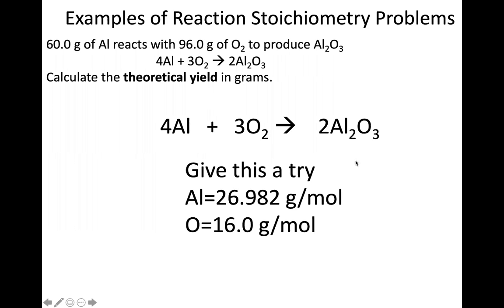So what I'd like you to do is give this one a try right here. You can use either dimensional analysis or you can use a BCA table. I'm going to show both of them worked through so you can check your work. See if you can set this up. Grab a calculating device. I'll give you a couple minutes on this. You've got a balanced chemical equation, 60 grams of aluminum, 96 grams of O2. Try to set it up, and then I'll share my work.